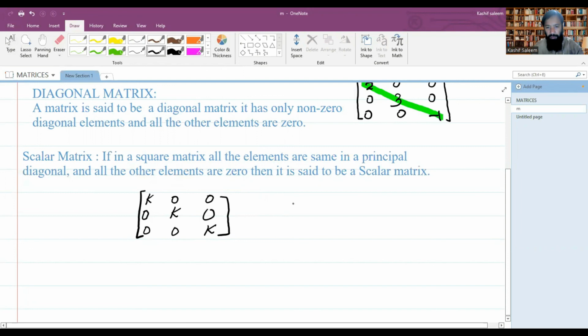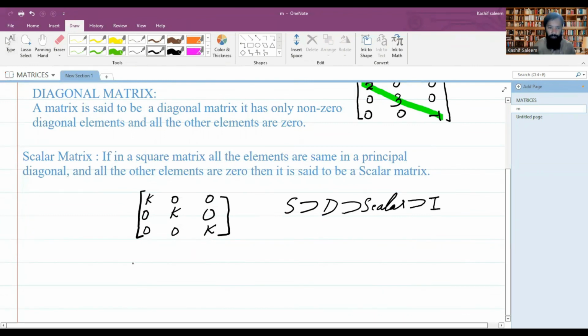So square matrix is the biggest set, a superset of diagonal matrix, and diagonal matrix is a superset of scalar matrix. And scalar matrix is a superset of basically identity matrix. So what is identity matrix?